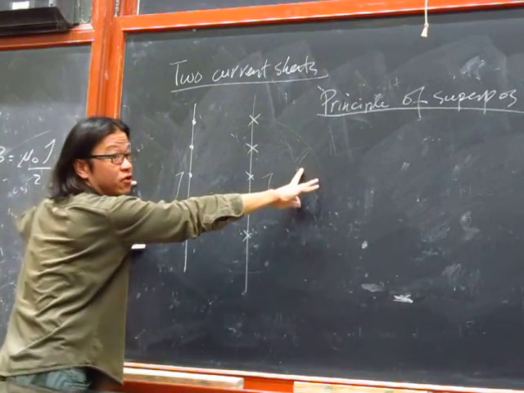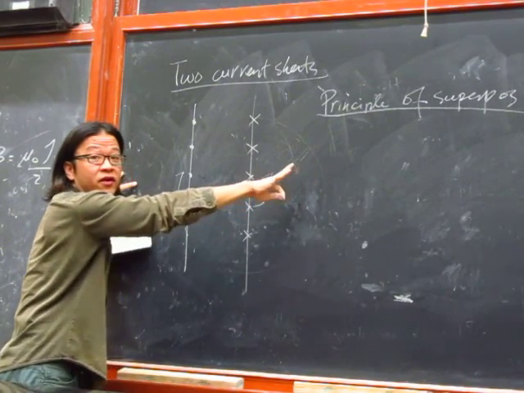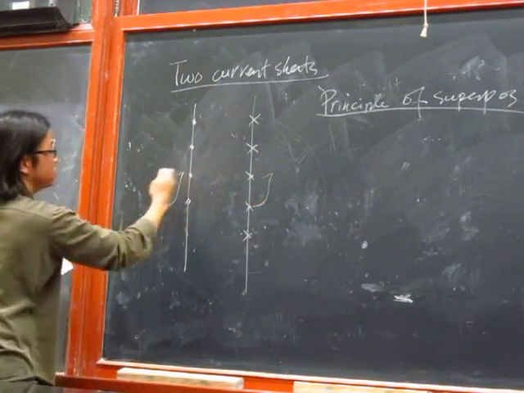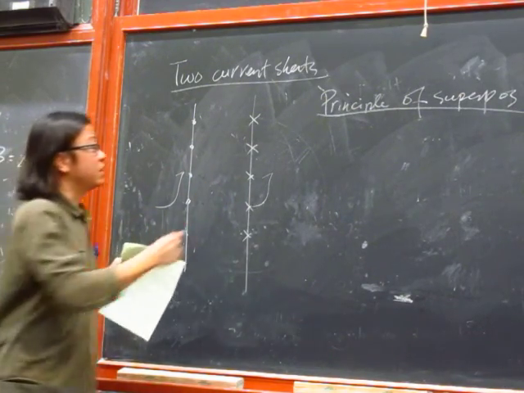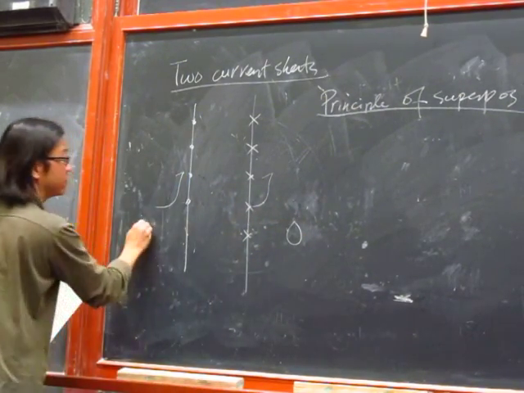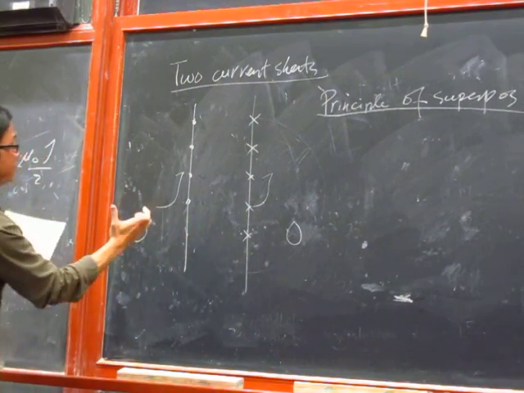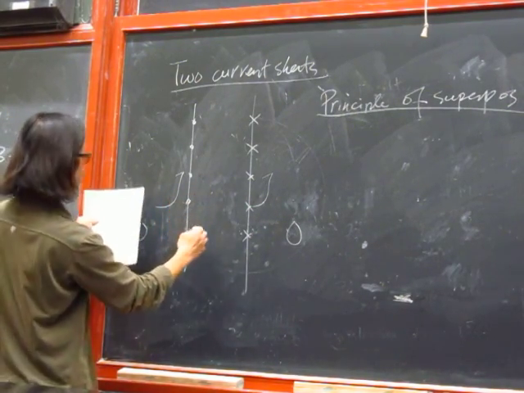The B field will be 0 outside, right? Just superimpose these two vectorially. B is 0 here, 0 here, and inside, I think my vector is correct.